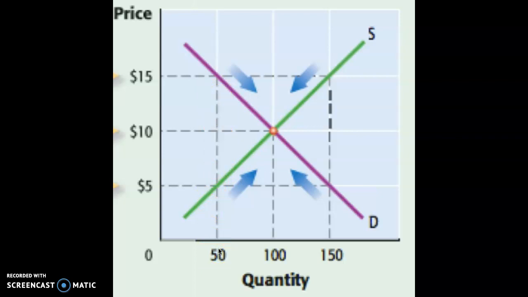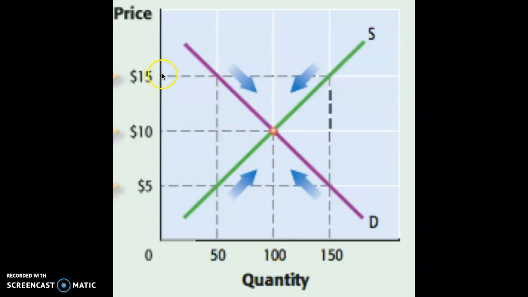So what is this saying? It's saying that at $10, 100 people will go and buy their burrito and Coke there. But at $15, only 50 will. Why? The law of demand says at a higher price, fewer people want it. Remember that? But now notice at $10, the supply was also 100.